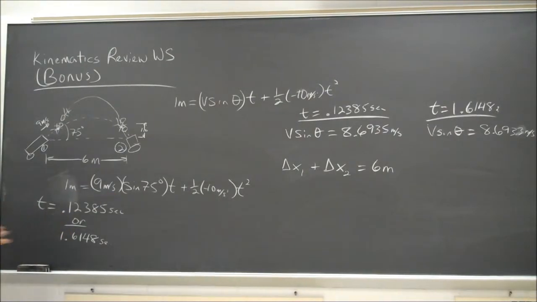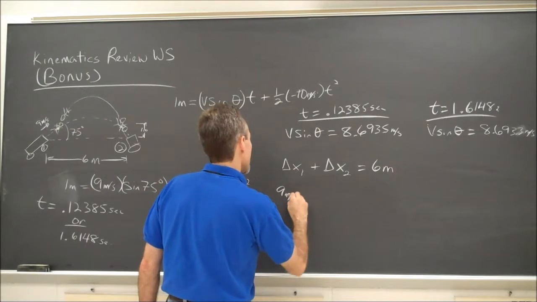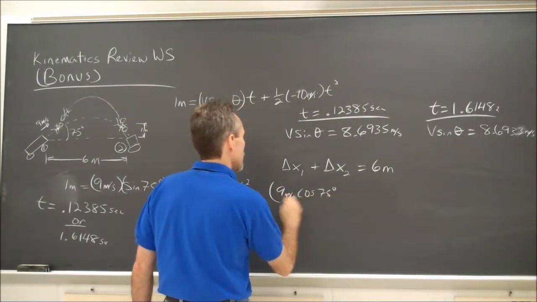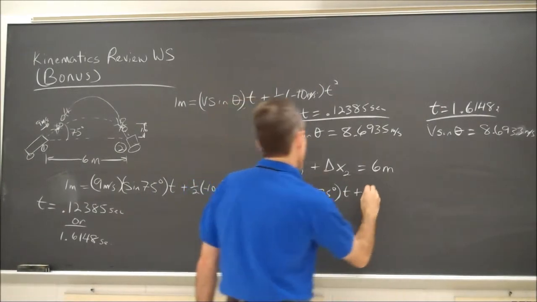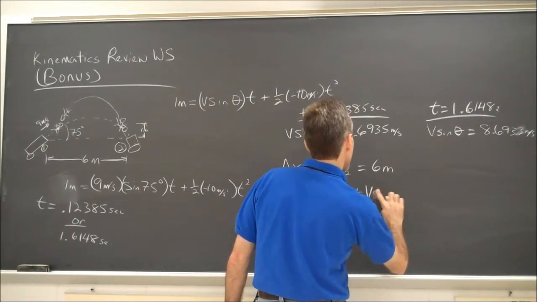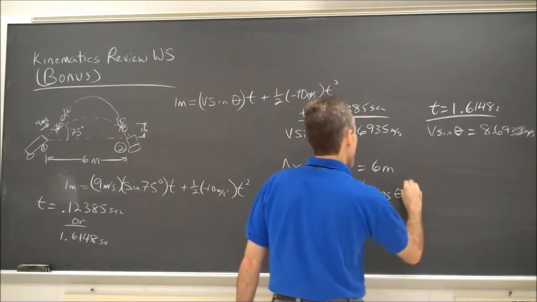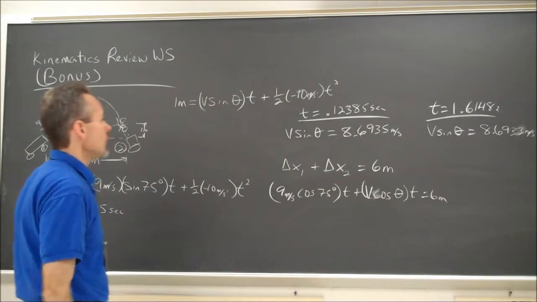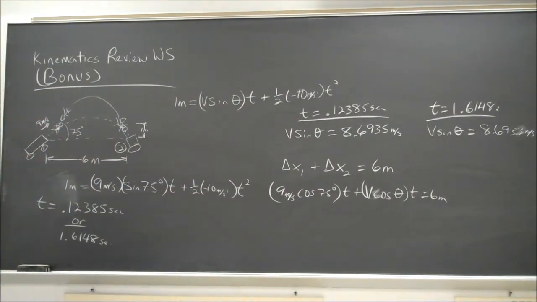Well, that's constant velocity motion. So for the one, I could just simply go 9 meters per second times the cosine of 75 degrees times the time plus v cosine of that unknown angle times the time equals 6 meters. And from that equation, I could figure out what v cosine of theta is, plugging in again these two times.